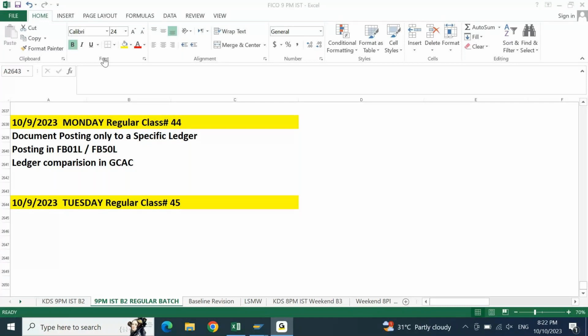Let's say you take tax or an asset. If the same entry is posted in both the leading ledger and the non-leading ledger, depreciation will not have that issue because it will be posted separately in S4HANA.